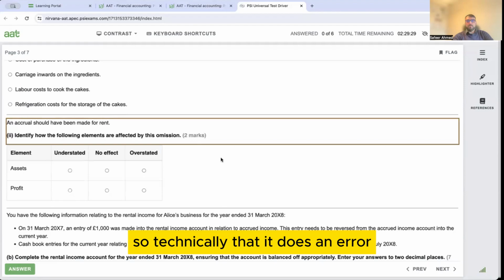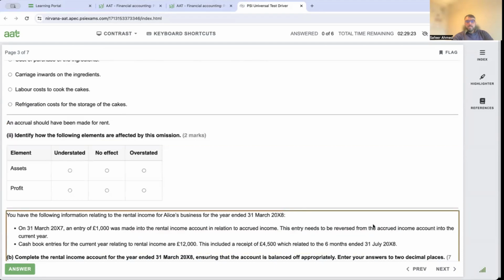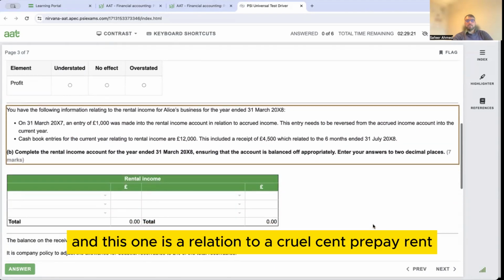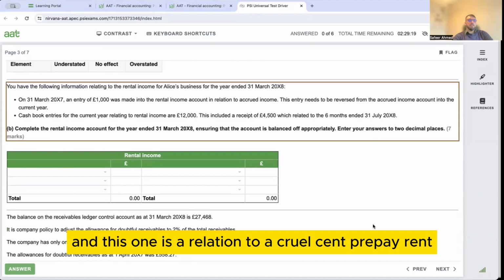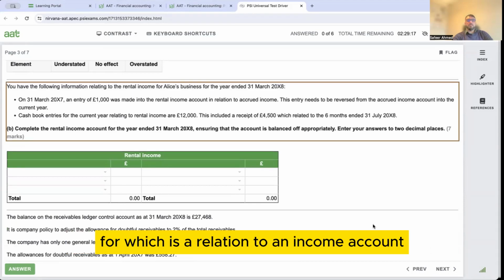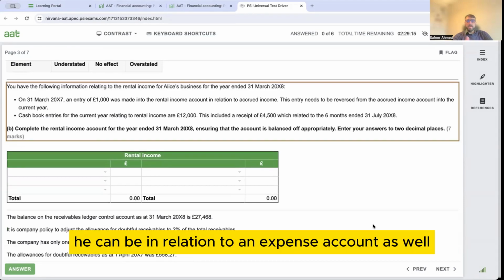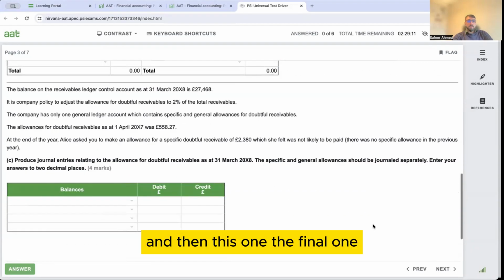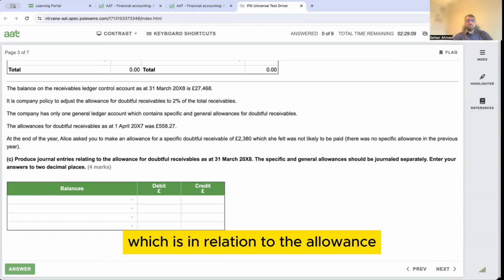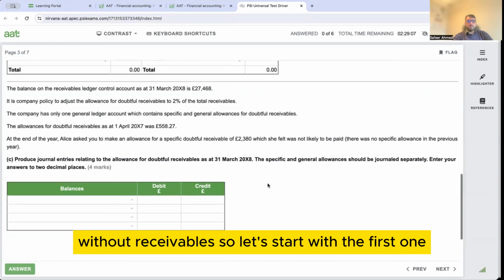Technically that's an error, so correction of error. In other words, the effect of that error on different things. This one is in relation to accruals and prepayments, which is in relation to an income account. It can be in relation to an expense account as well. And the final one is in relation to the allowance for doubtful receivables.